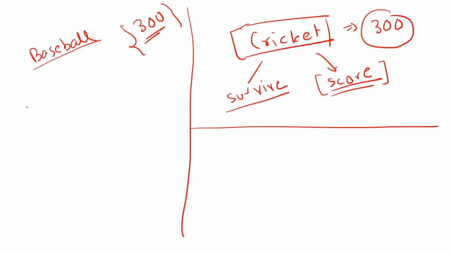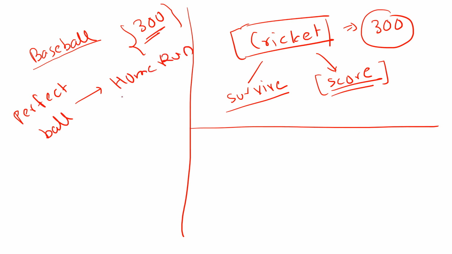In baseball, the pitcher is the bowler, and I don't know what the batsman is called in baseball, but that person is waiting for a perfect ball on which he is going to hit a home run.